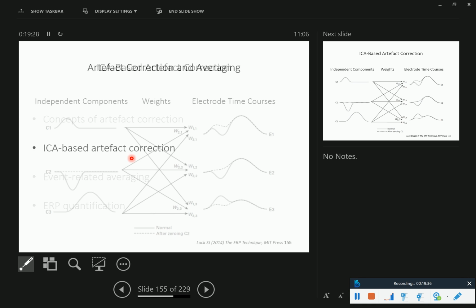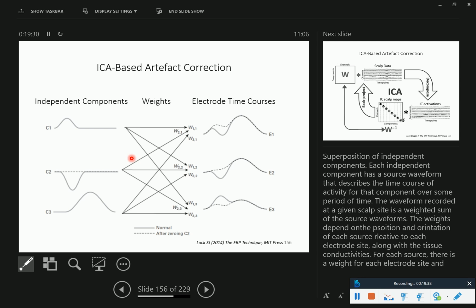So what is the intuitive story? The intuitive story is that on electrodes, you observe these kinds of fluctuations, right? On a given trial, you have an electrode 1, an electrode 2, and an electrode 3, and you see the gray line, which is the voltage fluctuation on, let's say, a single trial.